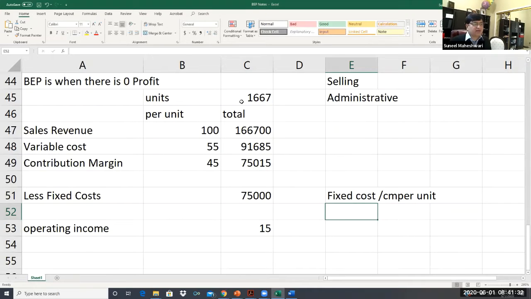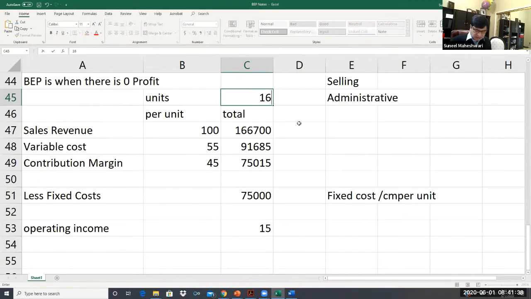If you sell any additional unit, say 1668 units, your operating income will increase by how much?